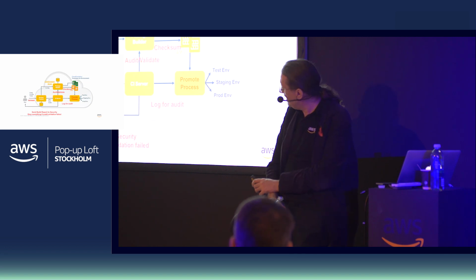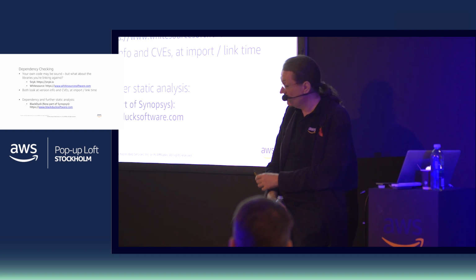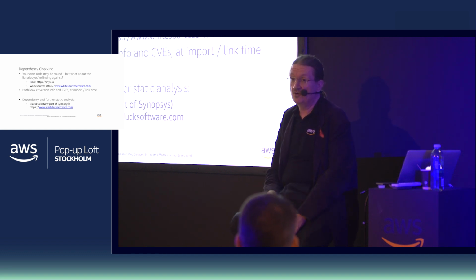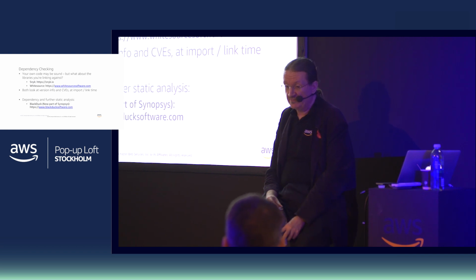On to continuous scan. Once you've built your code, it may be tight, but what you're linking against might not be. And this is an important realization that the guys at Snyk originally came up with.